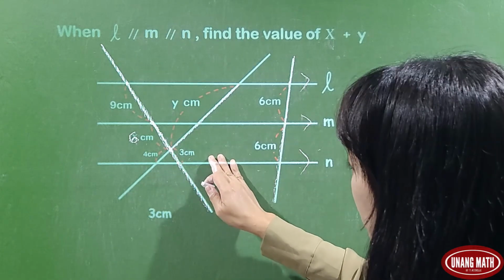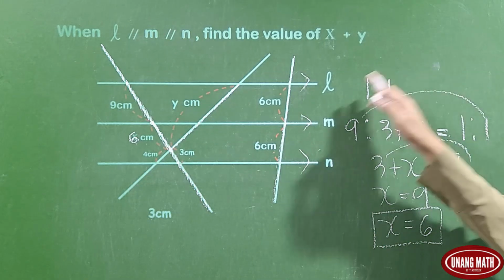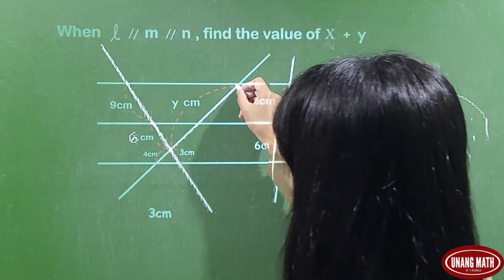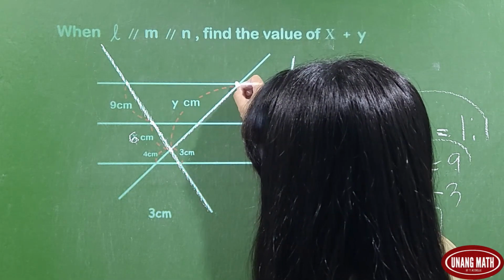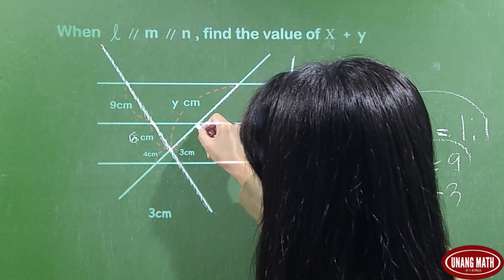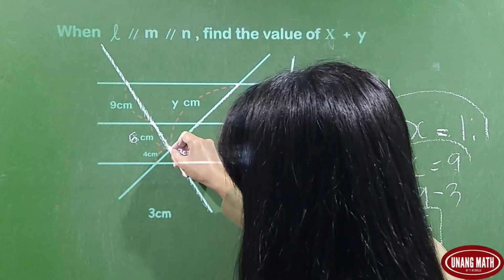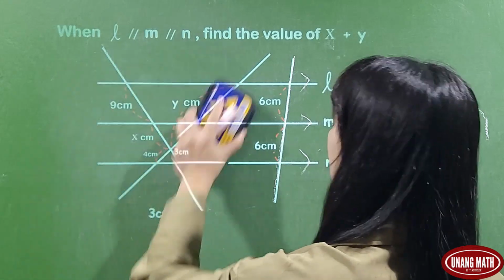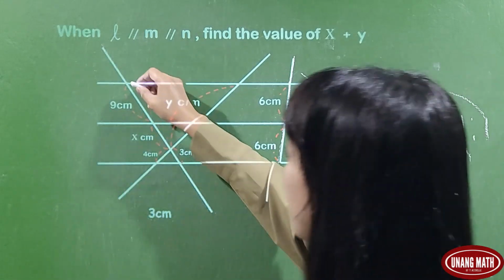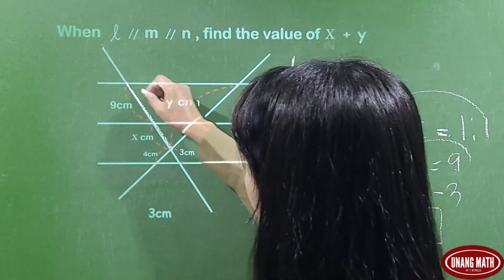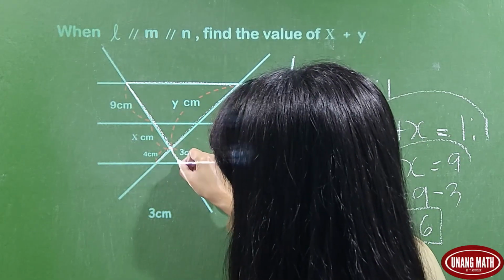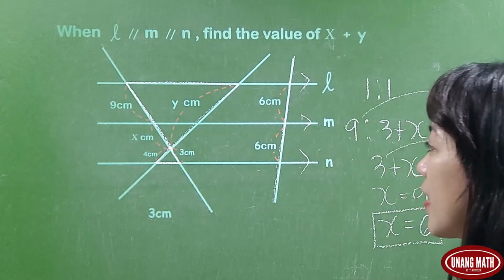In here, we cannot use the same strategy because we actually don't know from here to this point. Y is from here up to this point. So our strategy this time would be this way. Let's consider this triangle and this smaller triangle.